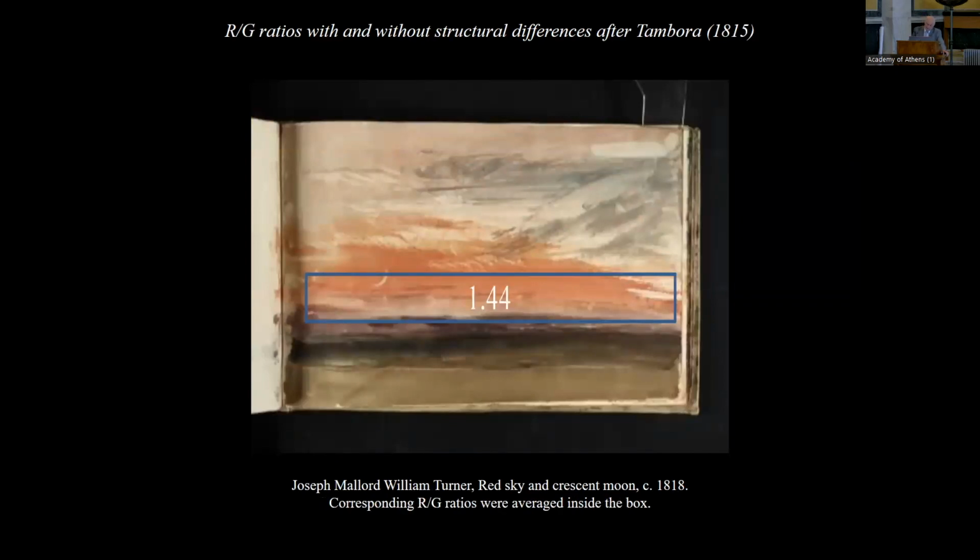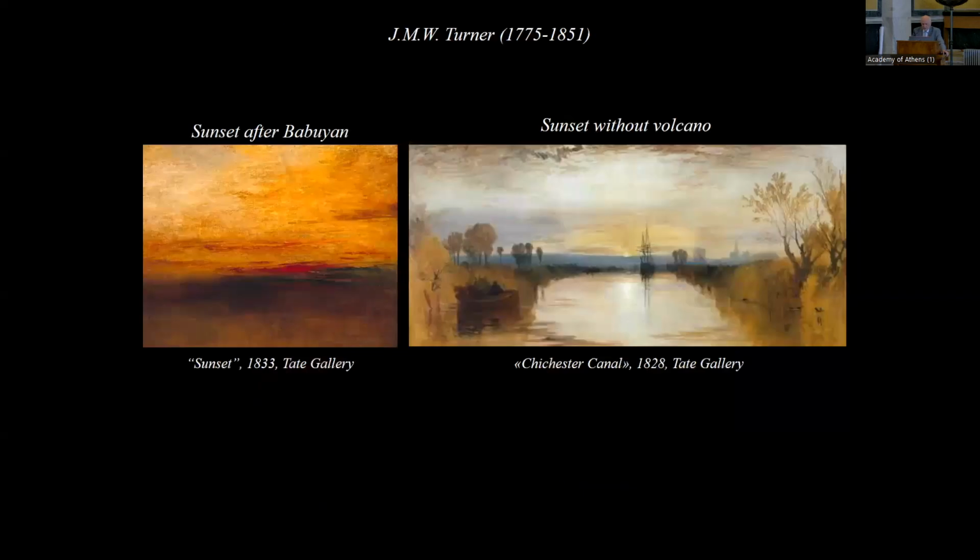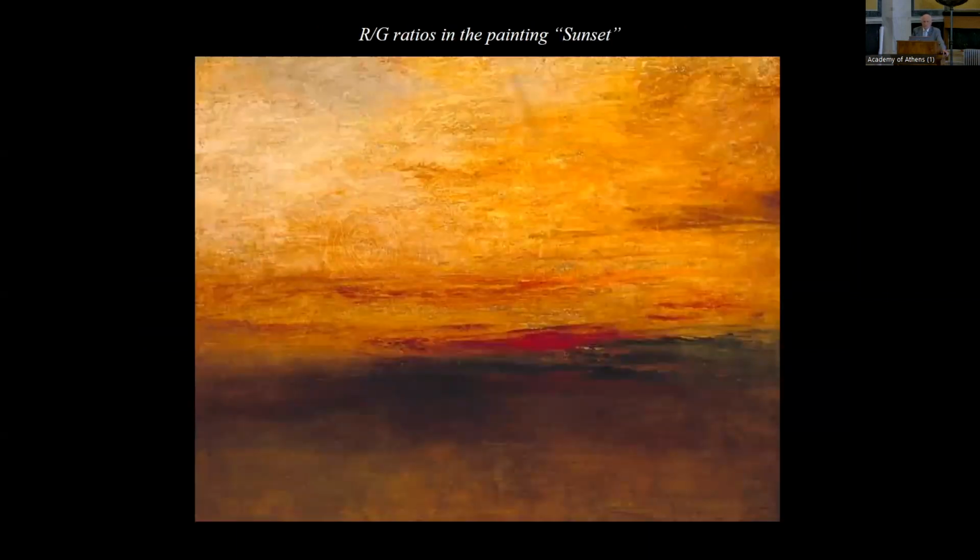They are some by Turner, and this is also by Turner, the famous sunset, which is preserved at the Tate Gallery. The Tate also had an event to show the results of our paper, and this is the Turner sunset.